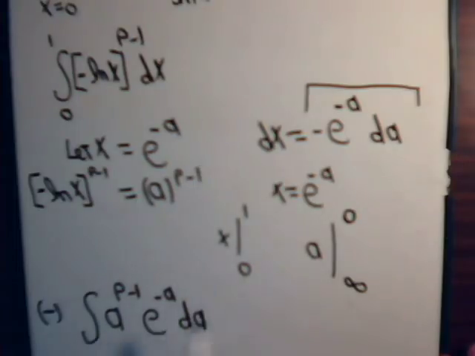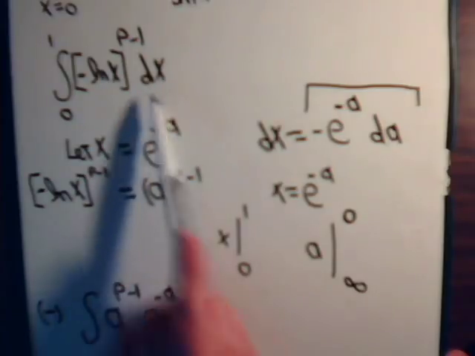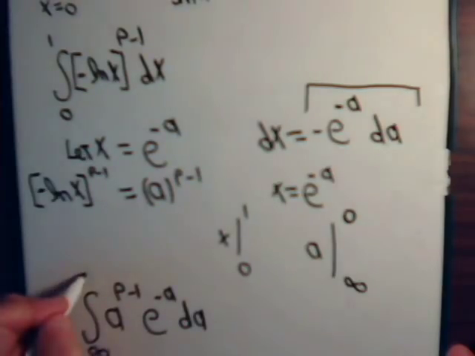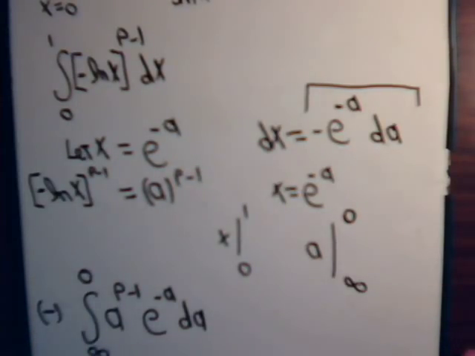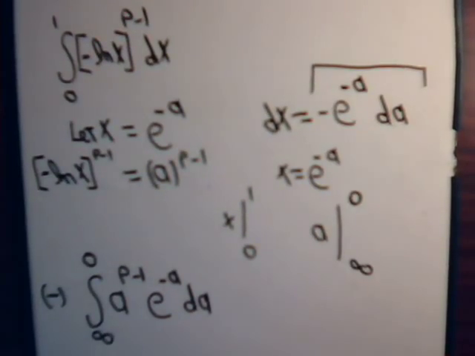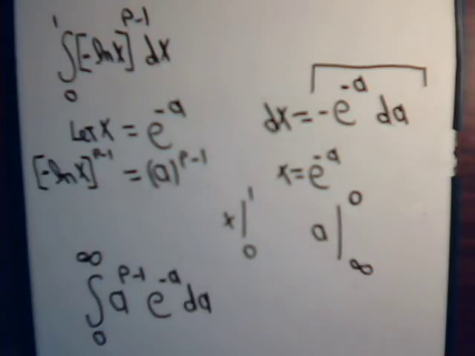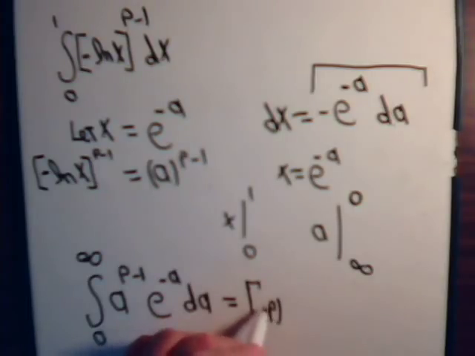That's a raised to the same power. dx is this, which we have here, with the minus sign out here. A goes from infinity to 0. Or we can reverse the order of the limits and take that minus sign away. This is 0. That goes away then. And that's infinity. And that is the gamma function of p, the standard definition for it.